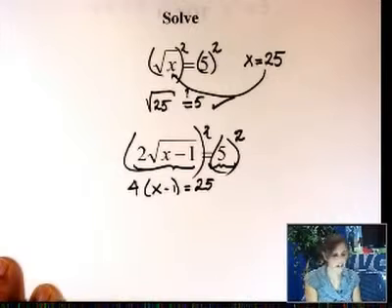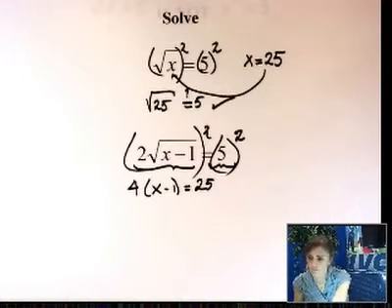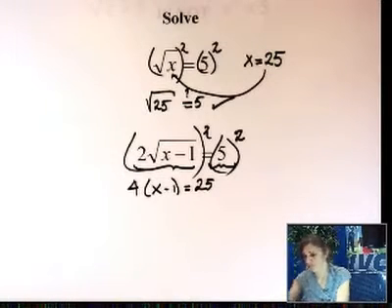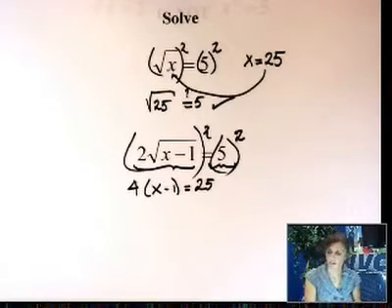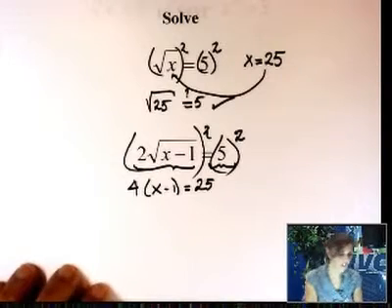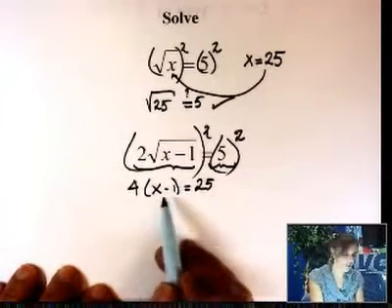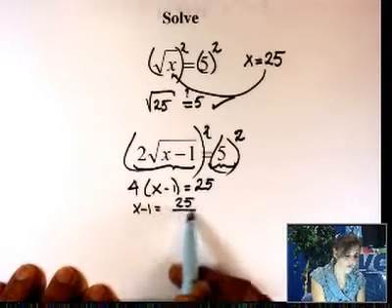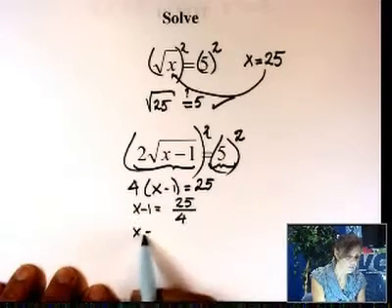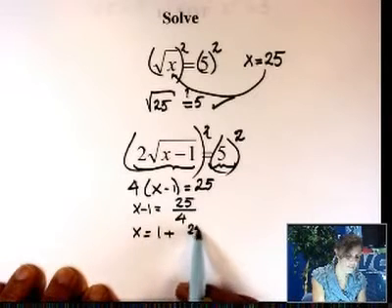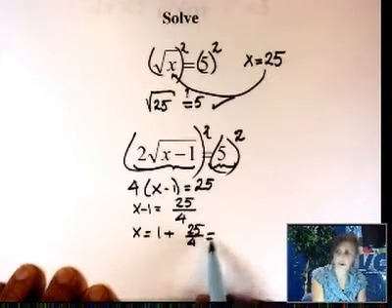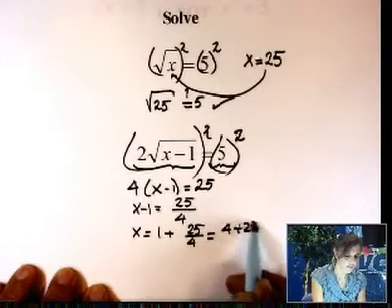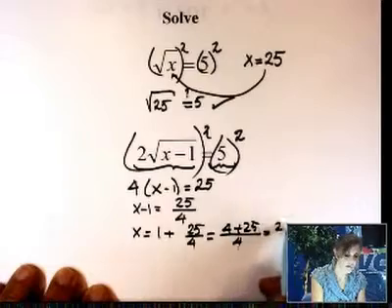And then you're going to have x minus 1 equals 25 over 4. x equals 1 plus 25 over 4, which is the same as 4 over 4 plus 25 over 4, which is 29 over 4.